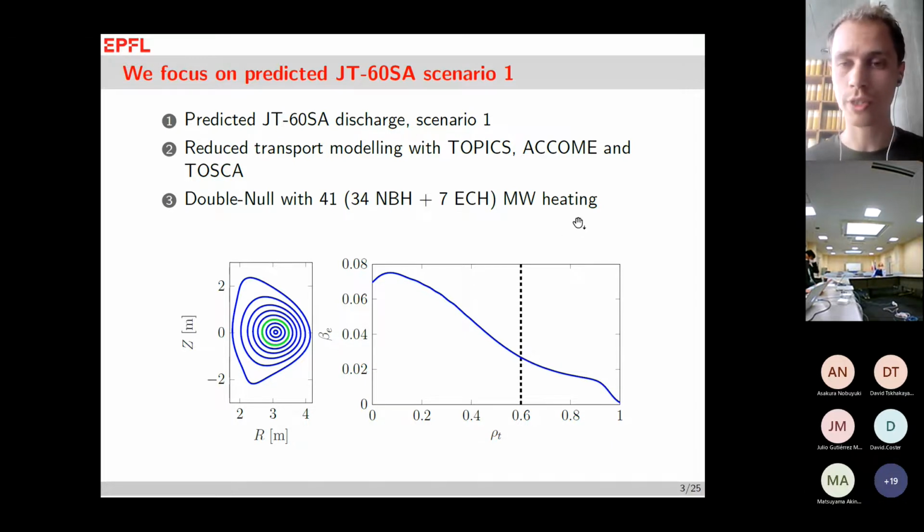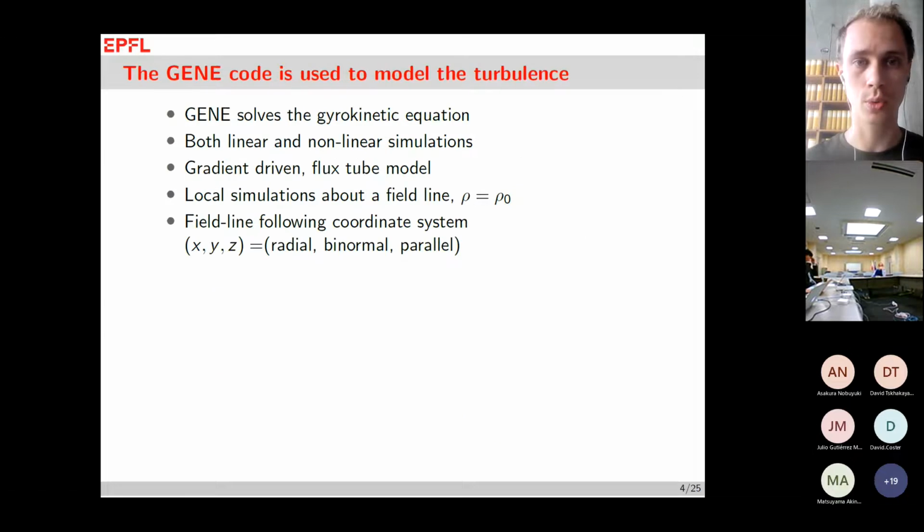The code we're using for our simulations is the GENE code, which solves the gyrokinetic equations and allows us to predict and look at what the turbulence is like. It's possible to do both linear and nonlinear simulations, and the simulations can be either gradient-driven or flux-driven. In this case, we use the gradient-driven flux tube model of GENE.